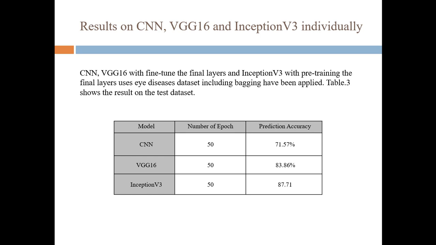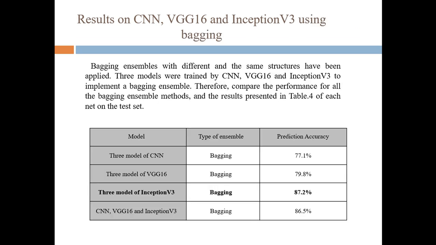We obtained a result for each combination and observed that bagging based on InceptionV3 and combining all the CNN architectures gives better classification accuracy than any other models.